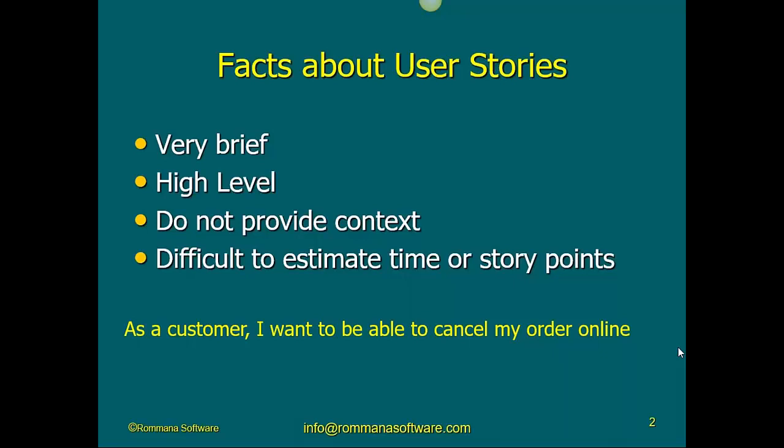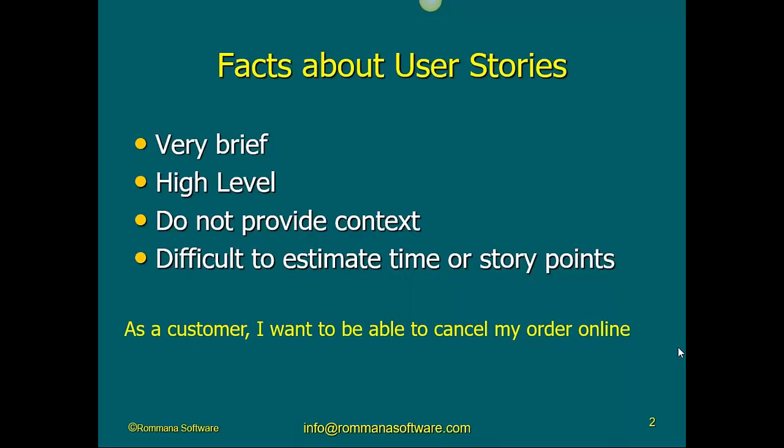However, if we break it down into smaller user stories, you see another one which says, as a customer, I'd like to receive my refund on the same credit card that I used for payment. Now, that user story by itself does not provide context, meaning you do not know what refund we're talking about and what credit card we're talking about.